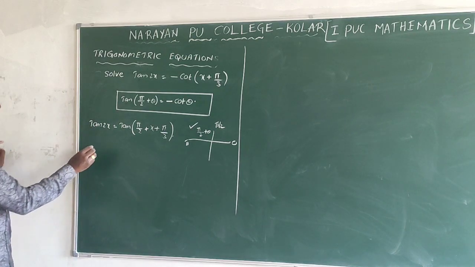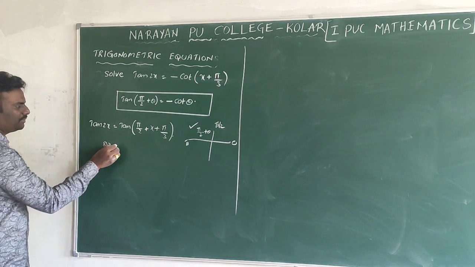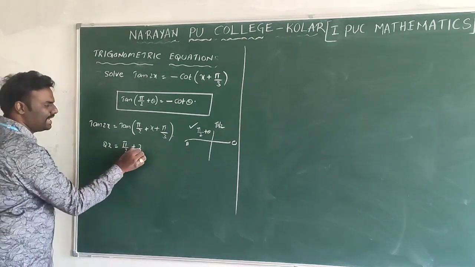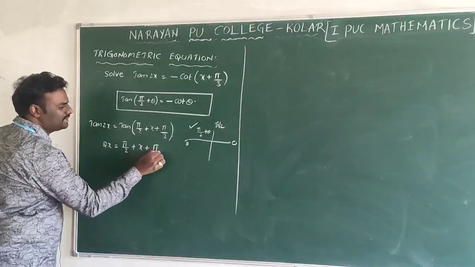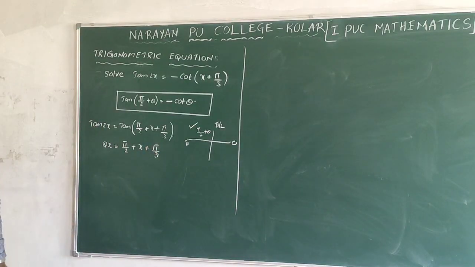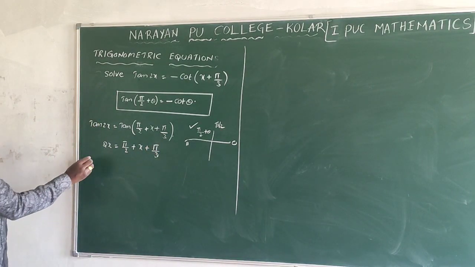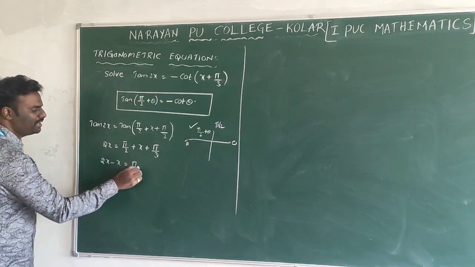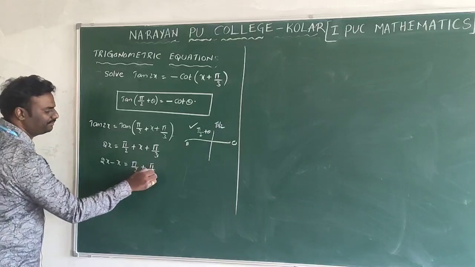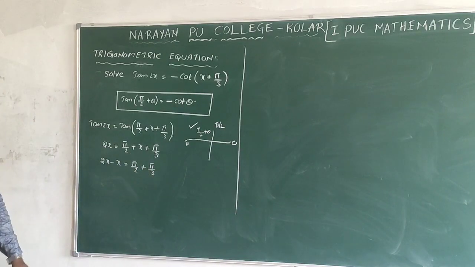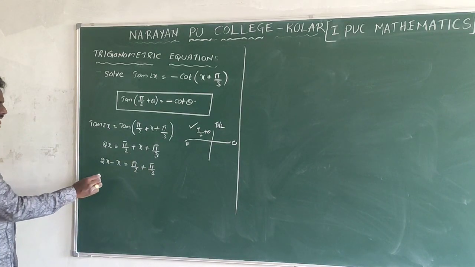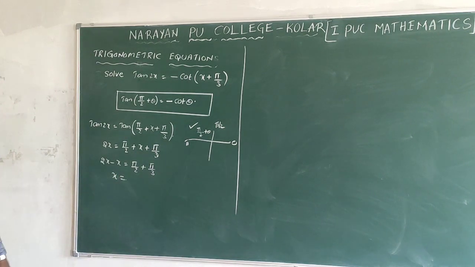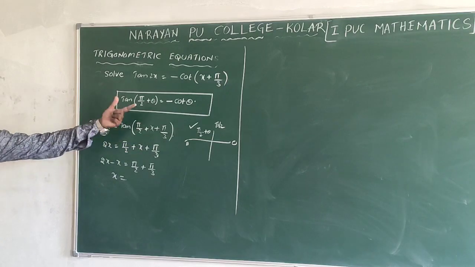Now we can write 2x is equal to pi by 2 plus x plus pi by 3. Now send x to this side. 2x minus x is equal to pi by 2 plus pi by 3. Now what you will get? x equals to... or otherwise you can apply the general solution concept.